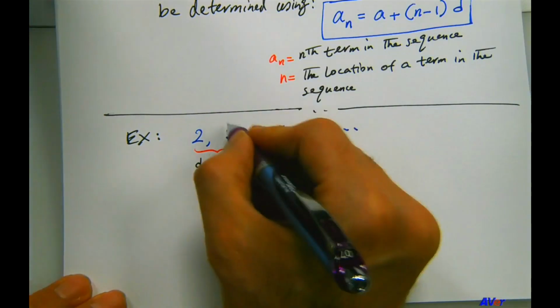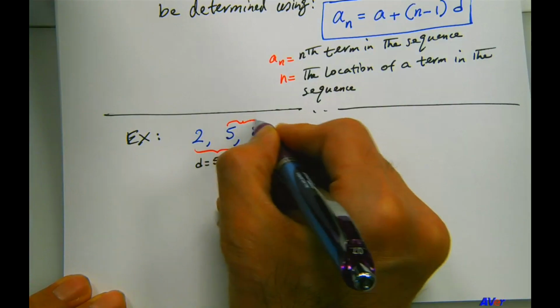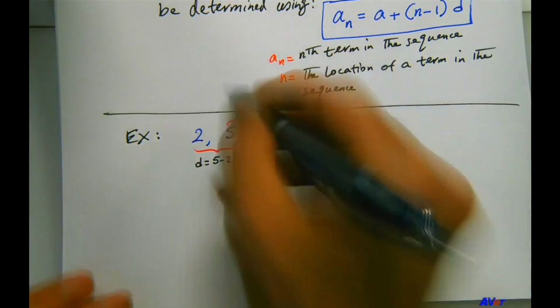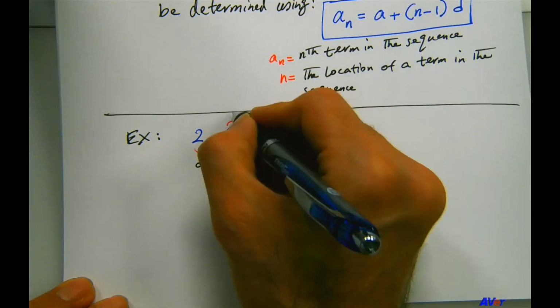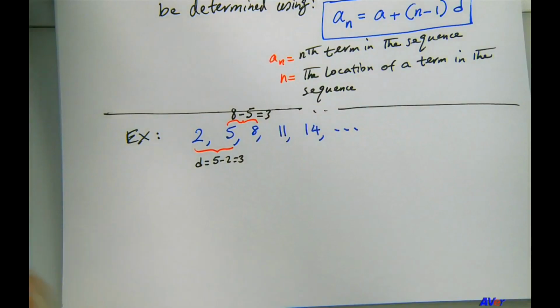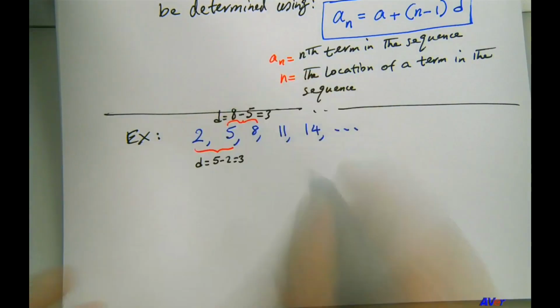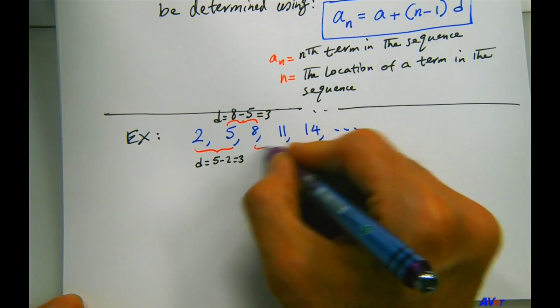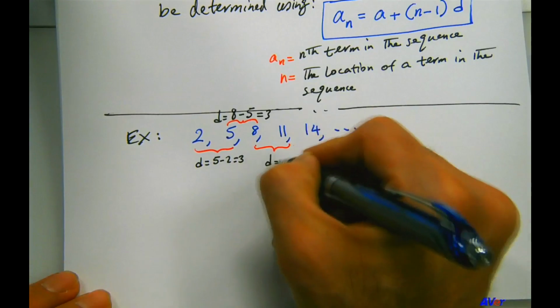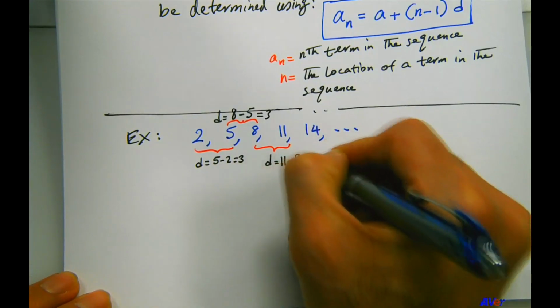We can take those two, and then 8 minus 5 equals 3. Do you see how it works? And that's D. 11 minus 8, or D, that's 3.